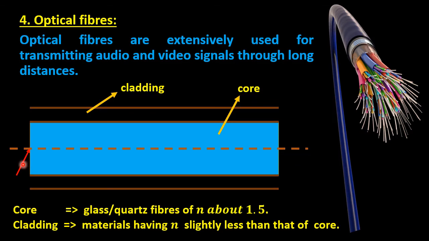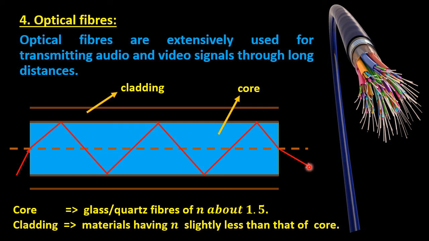From this left end, the signal which is to be transmitted will be incident at an angle greater than the critical angle. Then once it enters the core, it will suffer multiple total internal reflections. In this way it suffers total internal reflection, and will come out of the right end at a certain angle.